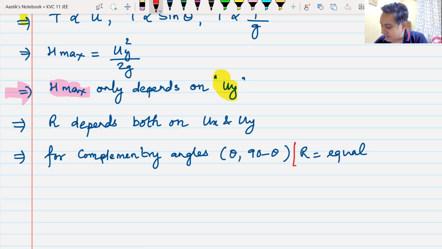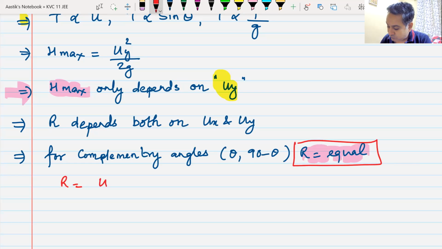Do we understand why range will be equal for complementary angles? Because range is u square sine of 2 theta by g for angle theta.